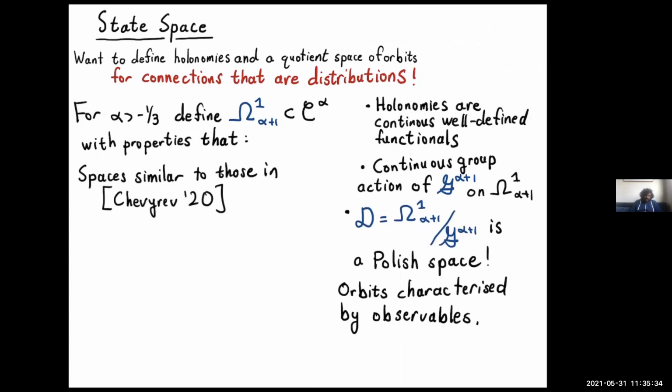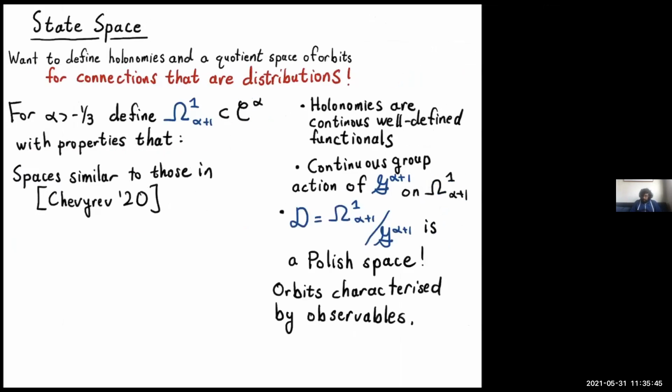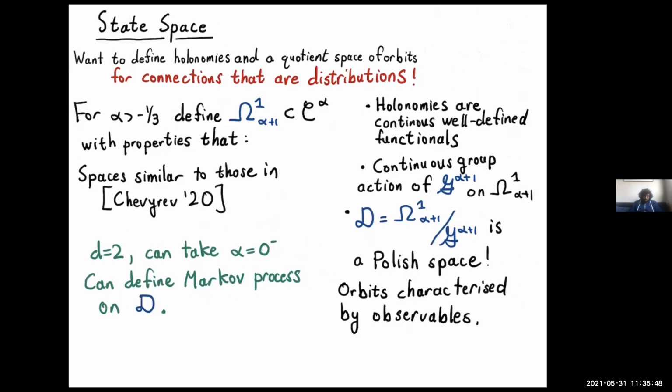I want to say that these spaces are very similar to spaces that Ilya came up with in earlier work. So in D = 2, the free field is just under 0. This allows us to define a Markov process on this orbit space. There's additional work, right?